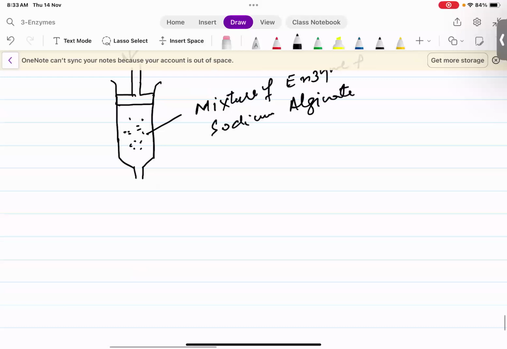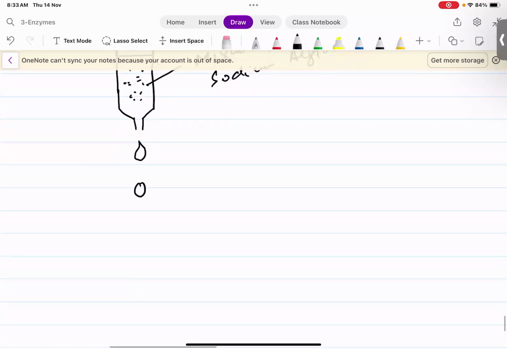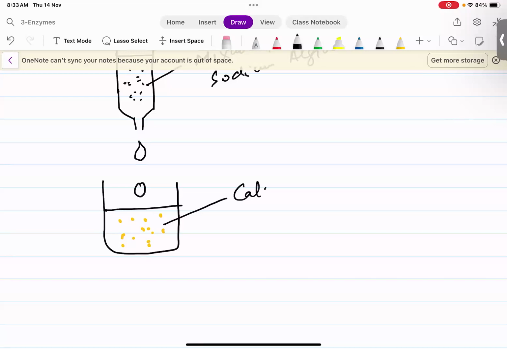This mixture is poured drop by drop into another solution known as calcium chloride.